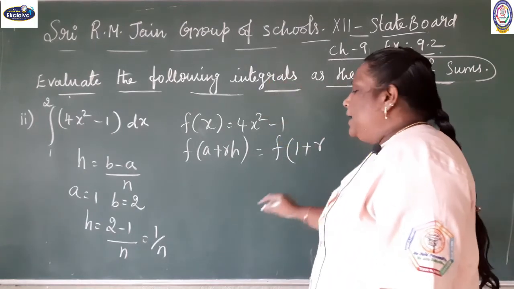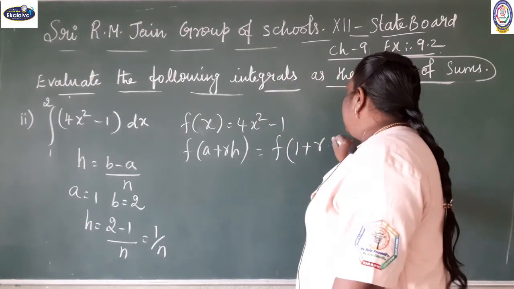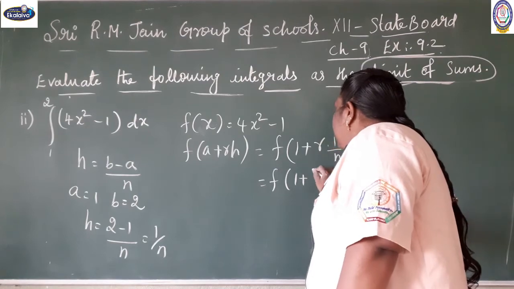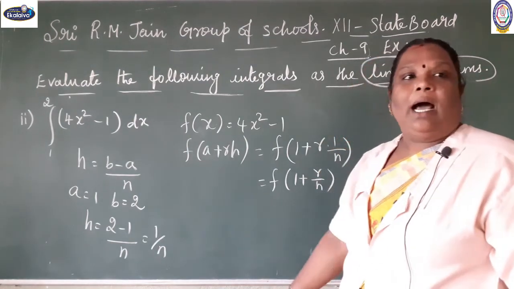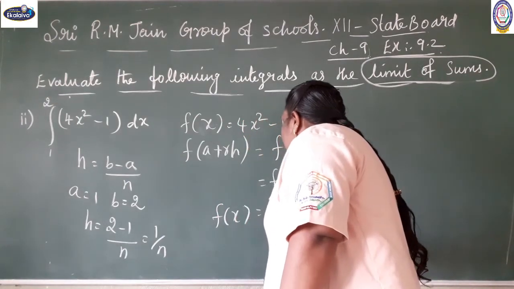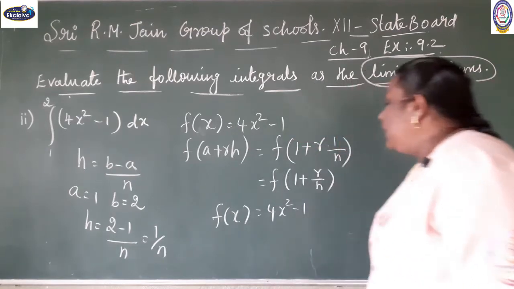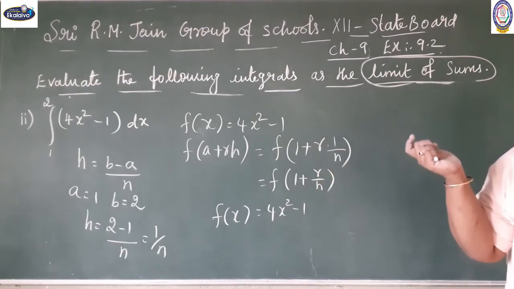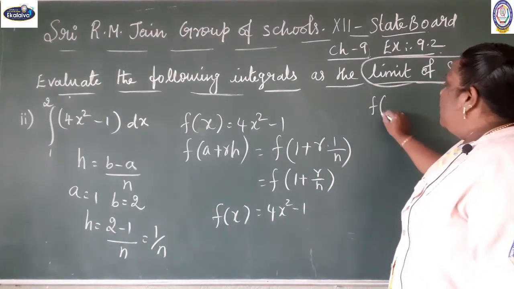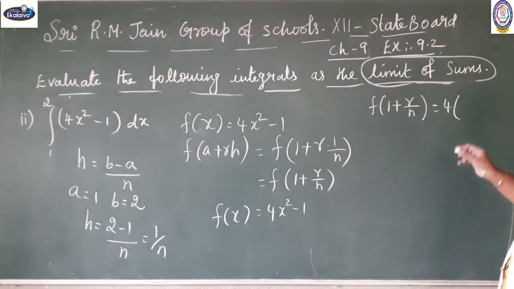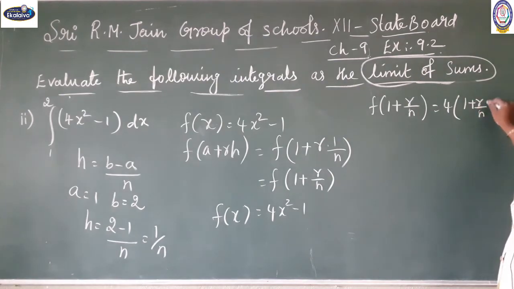The r into h value is r into 1 by n, so it gives f of 1 plus r by n. f of x equal to 4x square minus 1. In the place of x, we have to replace 1 plus r by n. So f of 1 plus r by n equals 4 into 1 plus r by n the whole square minus 1.